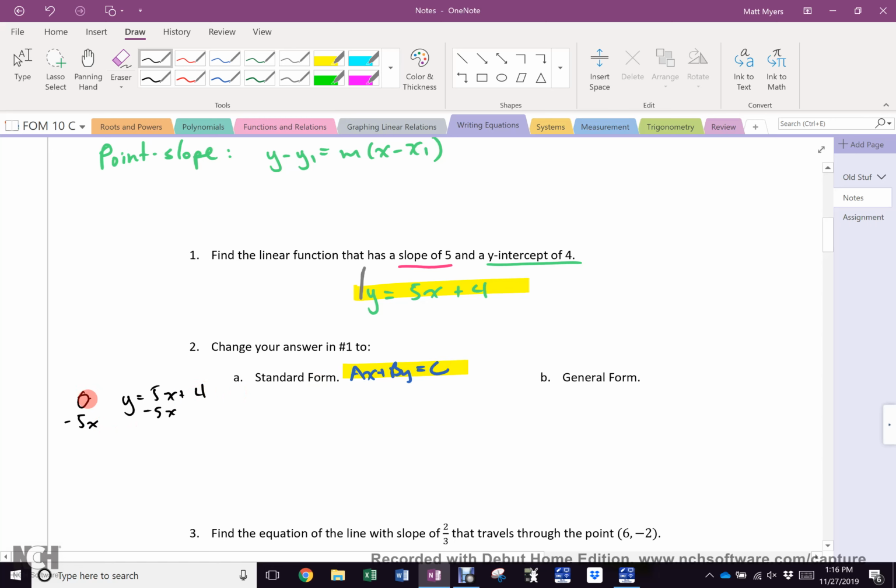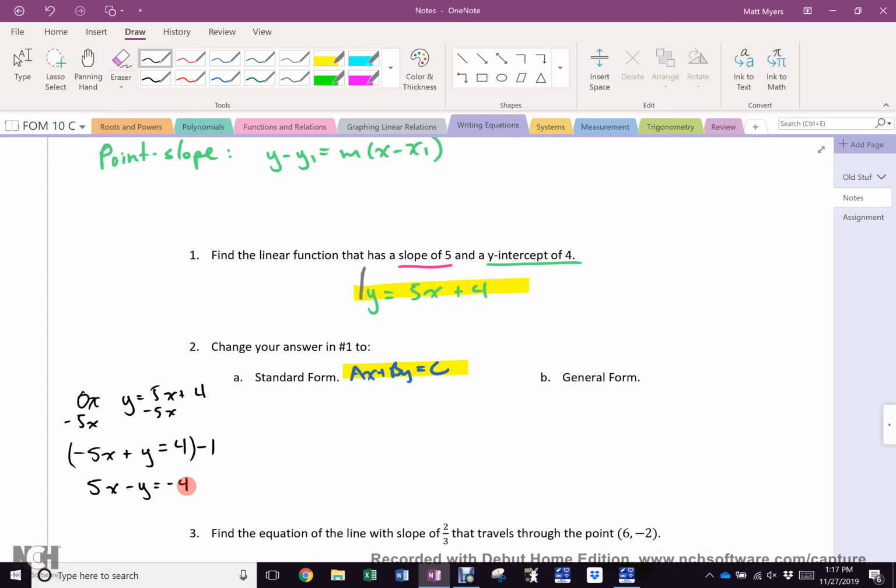So 0 x's take away 5 x's is negative 5x plus y, because there's only one y there, equals 4. Oh, and now negative 5 isn't allowed, so I have to multiply everything by negative 1 to get 5x minus y equals negative 4. Right? That's what you actually did.